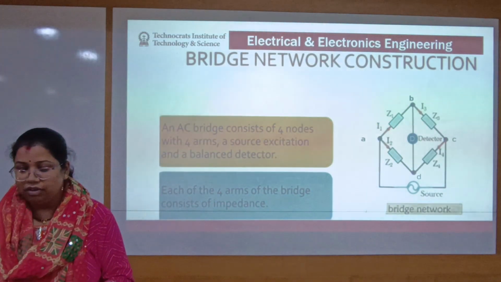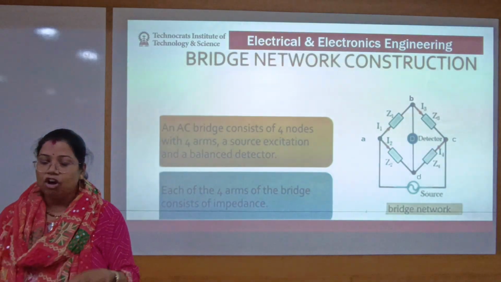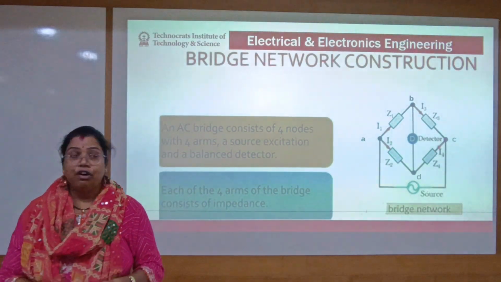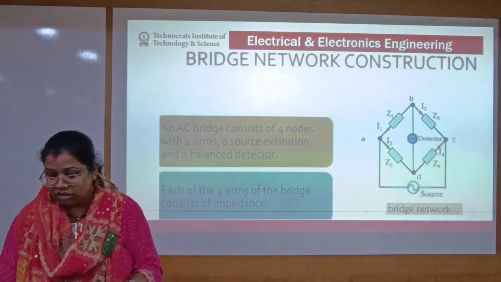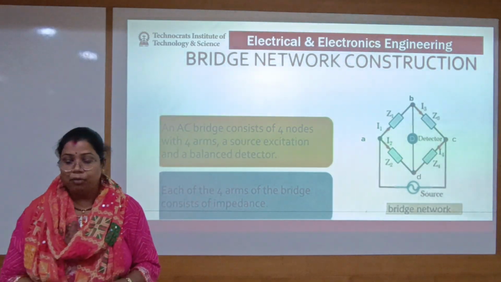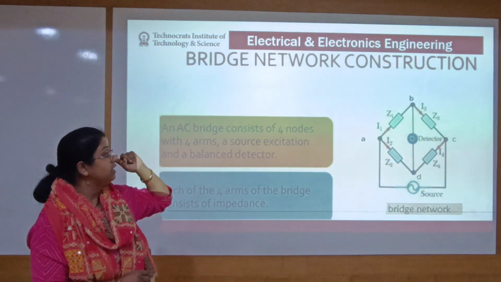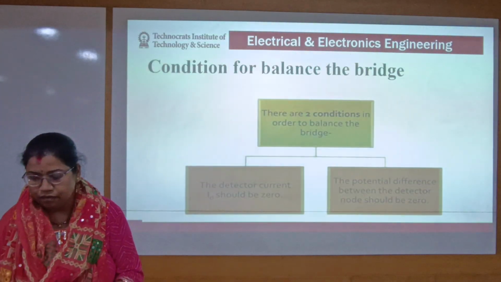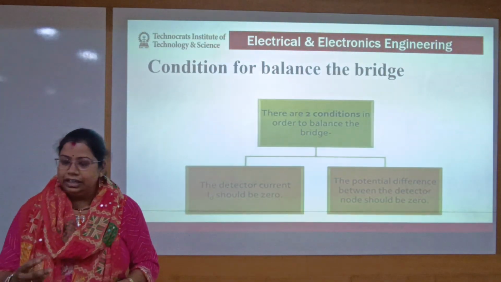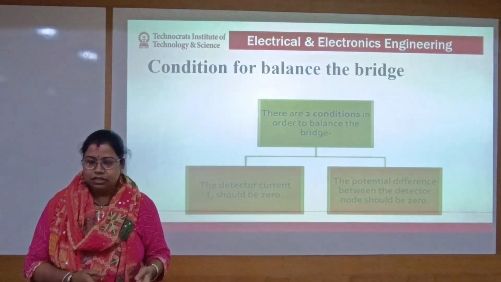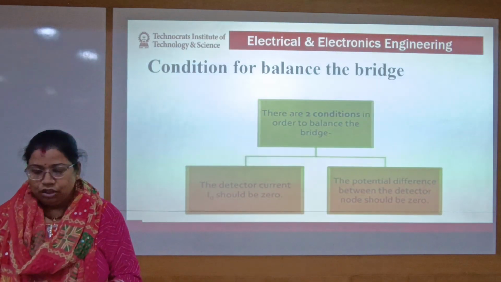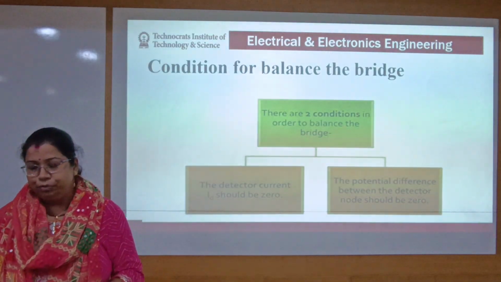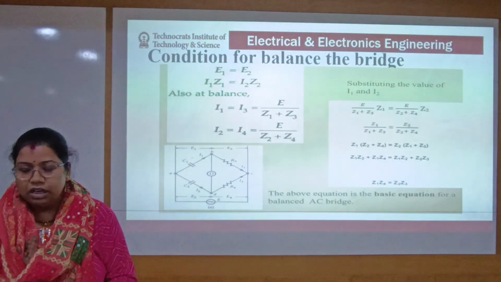At null condition, the galvanometer or detector gives zero value, meaning no current flows through that branch, so points B and D are at the same potential. So there are two conditions for balancing a bridge: the detector current should be zero, or the potential difference between the detector nodes should be zero.